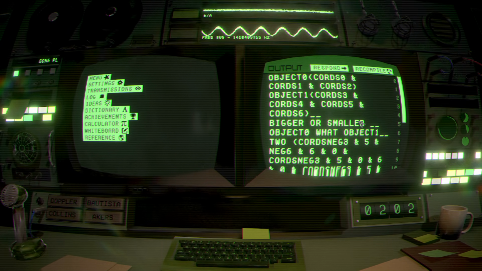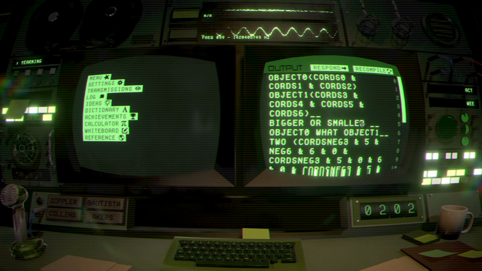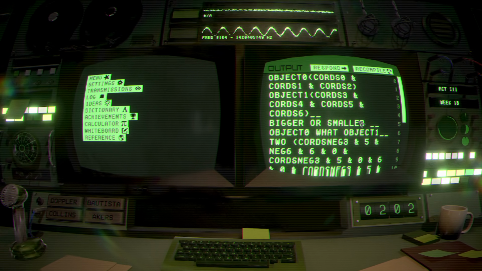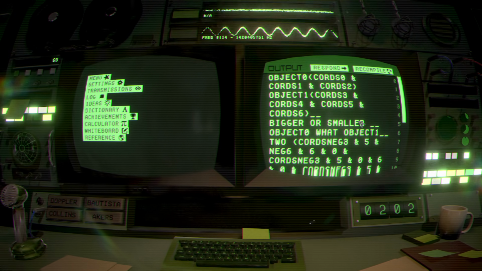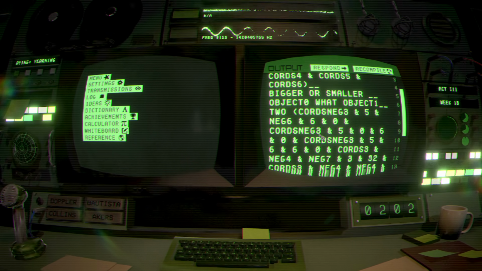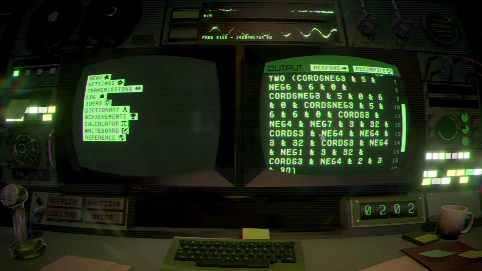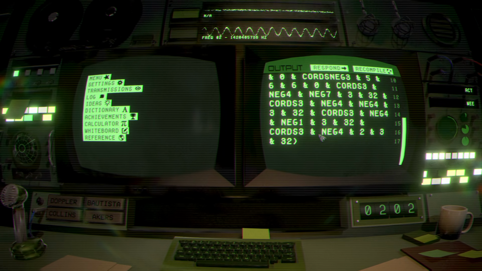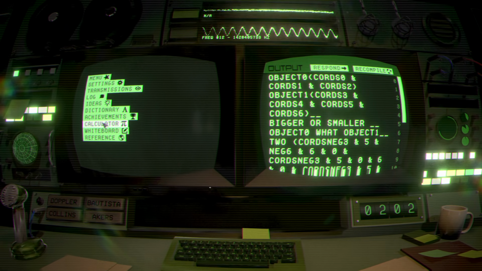So here's an object with 3 sets of coordinates. Why would it need 3 sets of coordinates? Alright, you know what?